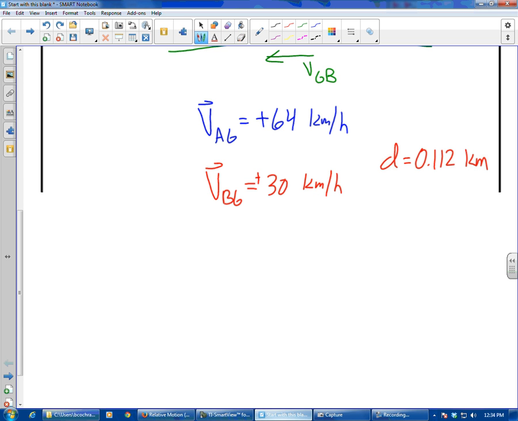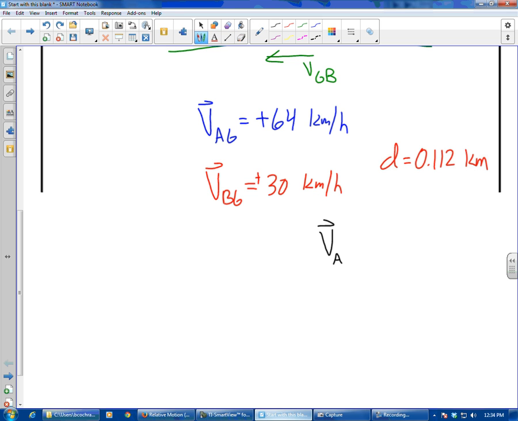And there's 1,000 meters in a kilometer. Wow. Alrighty. So I need to remember my relative motion formulas, which was that I had two of them.